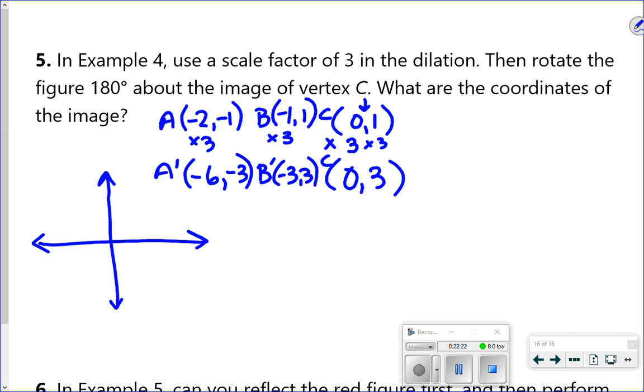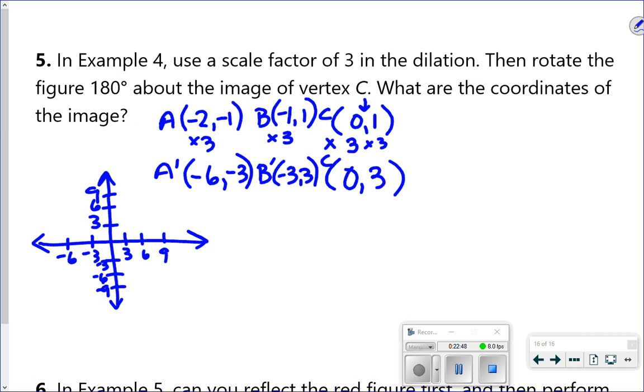Okay, so let's see. Everything's multiples of 3. So I'm going to go ahead and just go by 3s on my axis. 3, 6, 9, -3, -6, 3, 6, 9, -3, -6, -9.